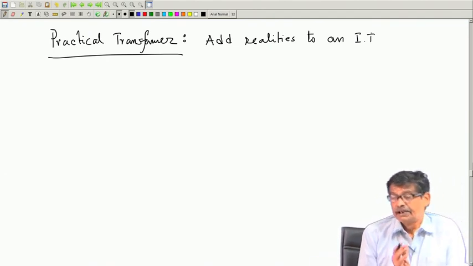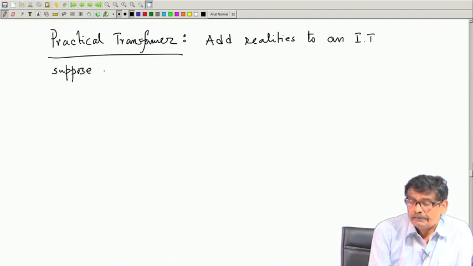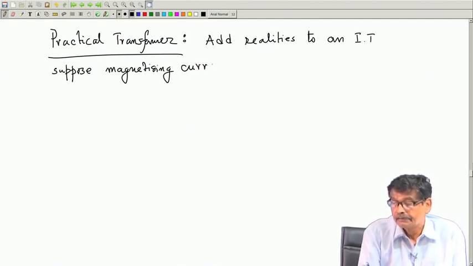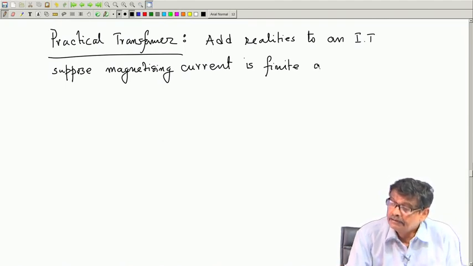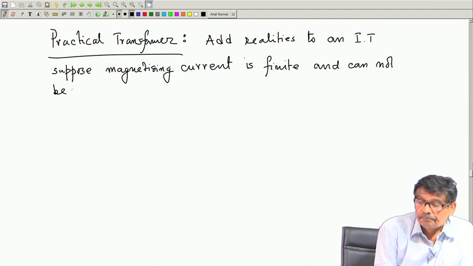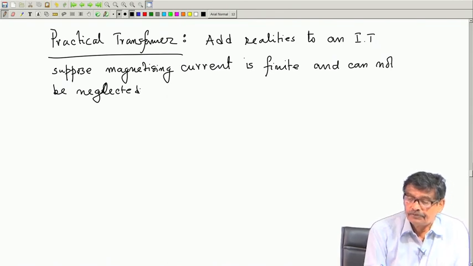So, the first reality I will add is, suppose the magnetizing current is finite and cannot be neglected. Suppose it is like this.